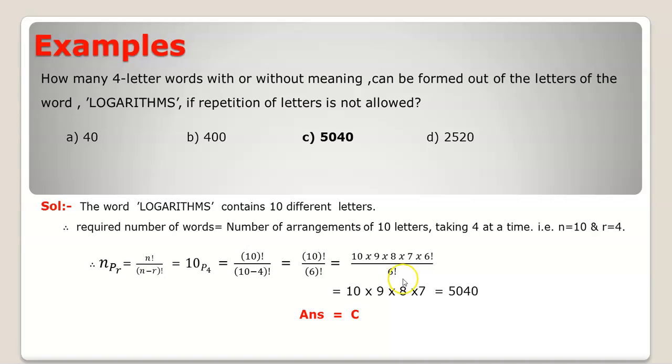Similarly, 6 factorial is 6 into 5 into 4 into 3 into 2 into 1, but in the numerator and denominator all terms from 6 factorial onward are cancelled. That's why we can directly write 6 factorial in the numerator divided by 6 factorial; both cancel, and the remaining term is 10 into 9 into 8 into 7, which equals 5040, and option C is the correct answer.